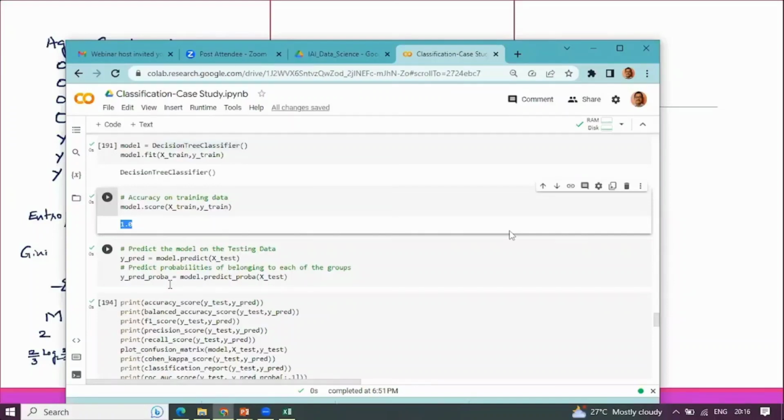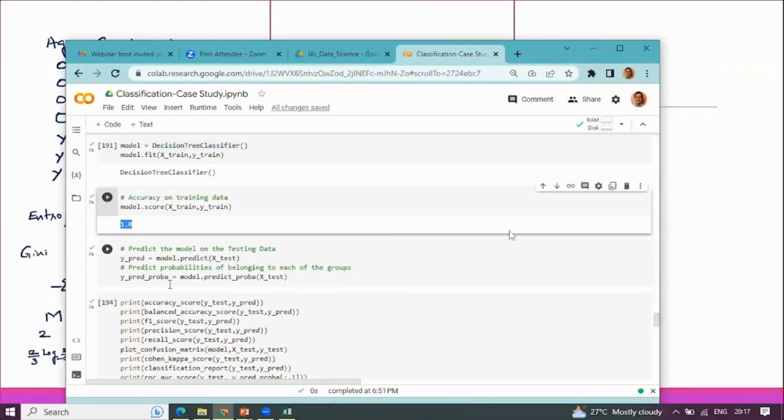Each observation will have a separate rule. And because of that, if you are testing your model back on the same data, obviously because of so many rules, every observation will be classified correctly. So you will always find 100% accuracy.